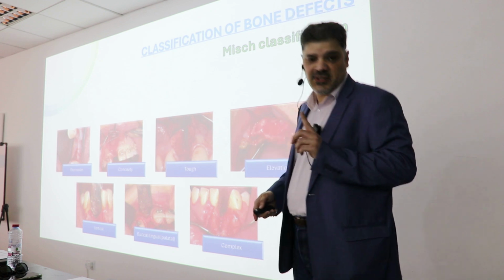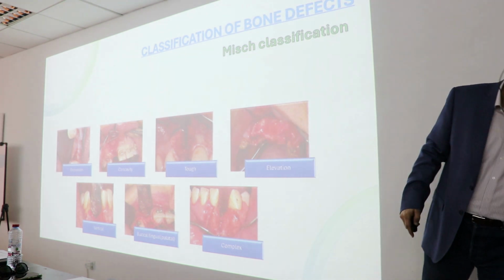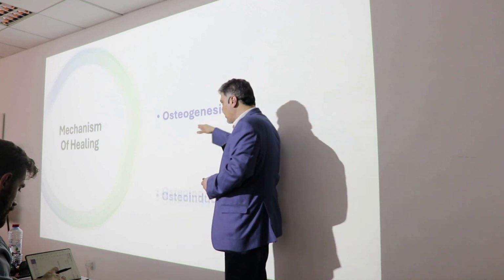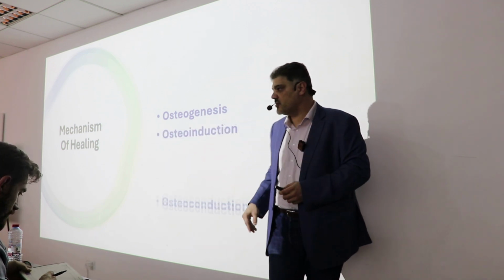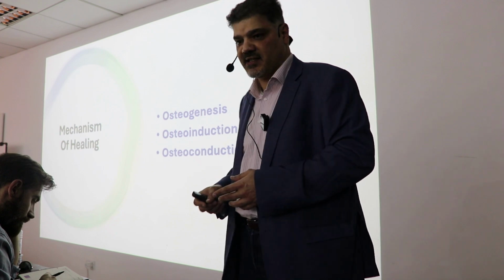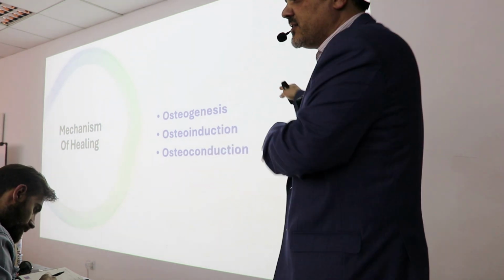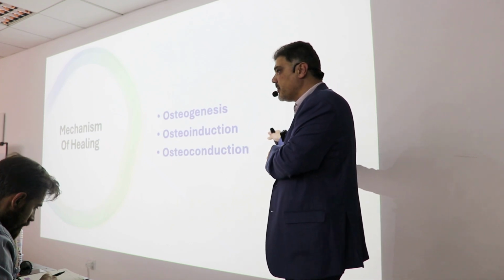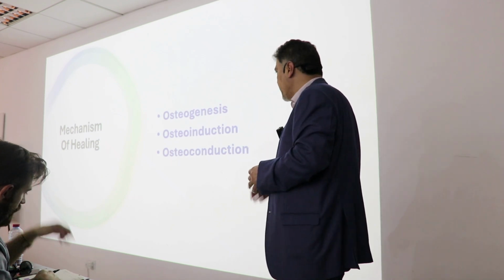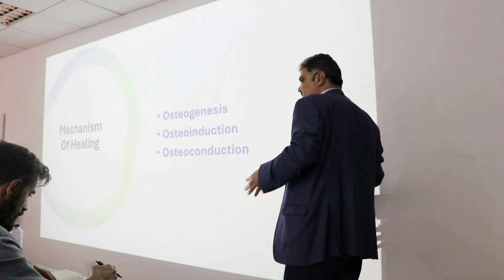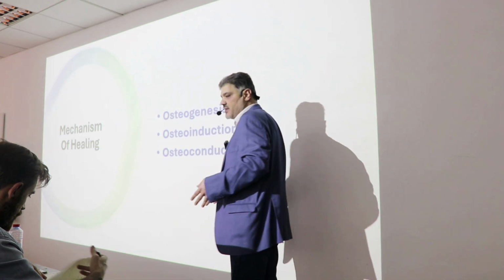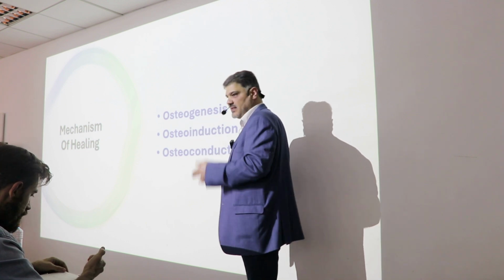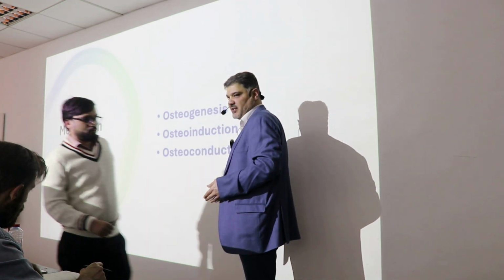Okay, now the next question was the mechanism of healing: osteogenesis mechanism, osteoinduction mechanism, or osteoconduction mechanism. Does everyone know the difference between these three, or do I need to explain each one? Explain. Osteogenesis means the bone formation will start immediately, because the bone graft has bone cells that can start their action immediately.